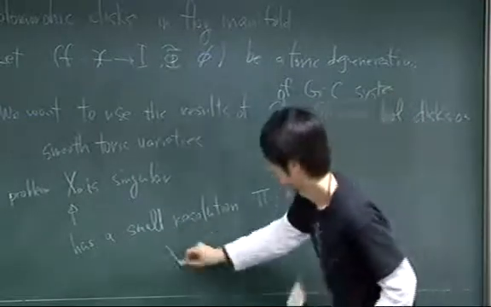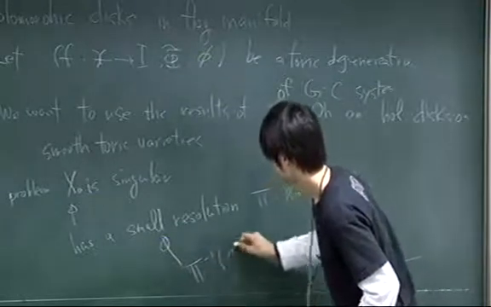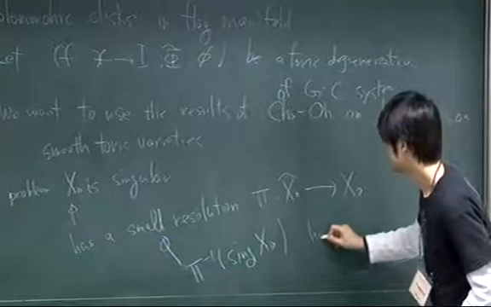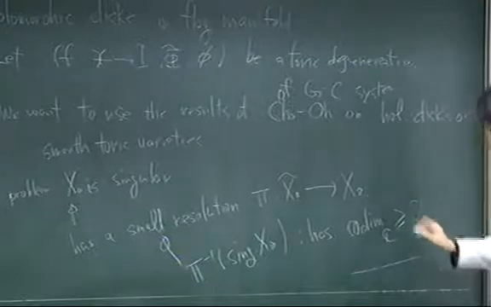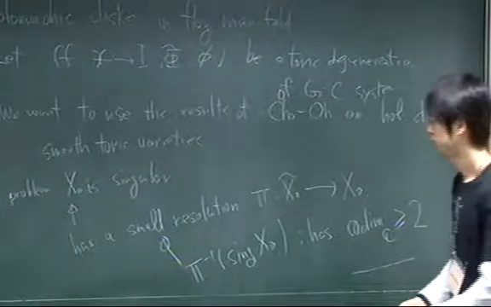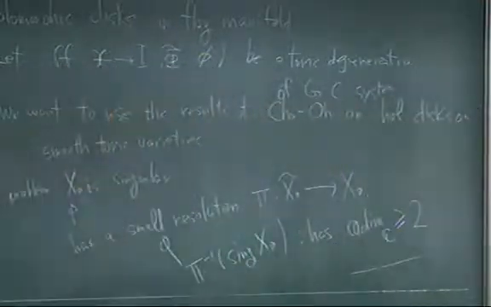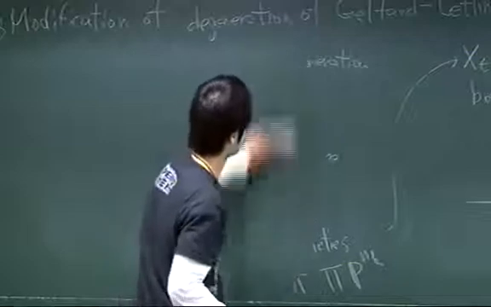The small means that the inverse image of the singular points of X0 has codimension larger than or equal to 2. So, using this, we can resolve the problem of singularity. X0 tilde is still correct. Yes.